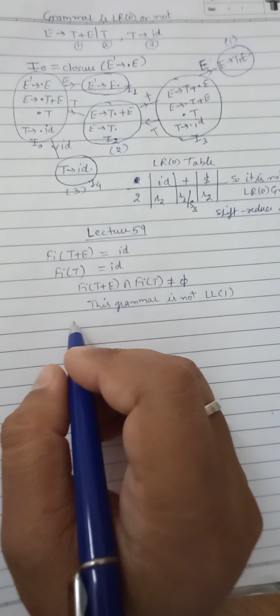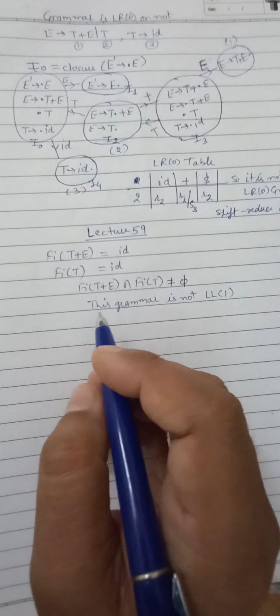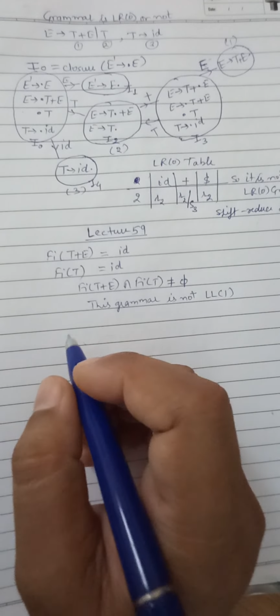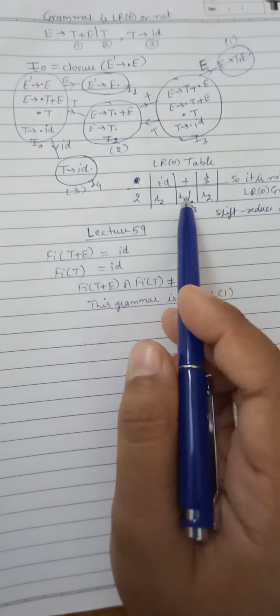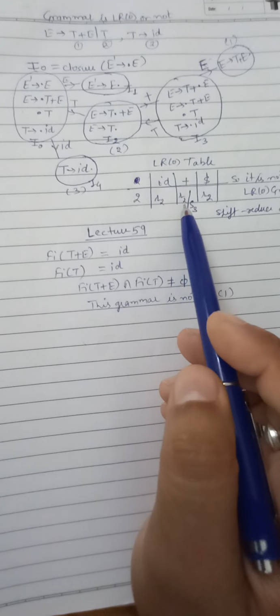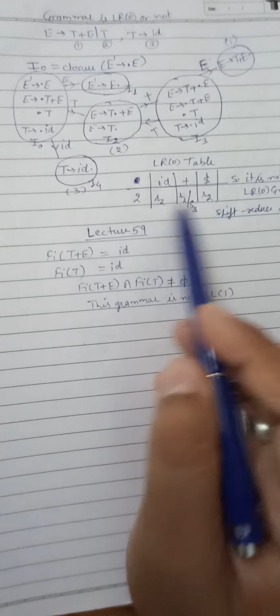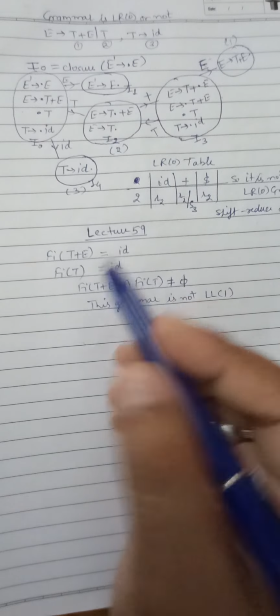Now we check for SLR(1). So we can see simply from here the problem is because of the reduction part in the LR(0) table.